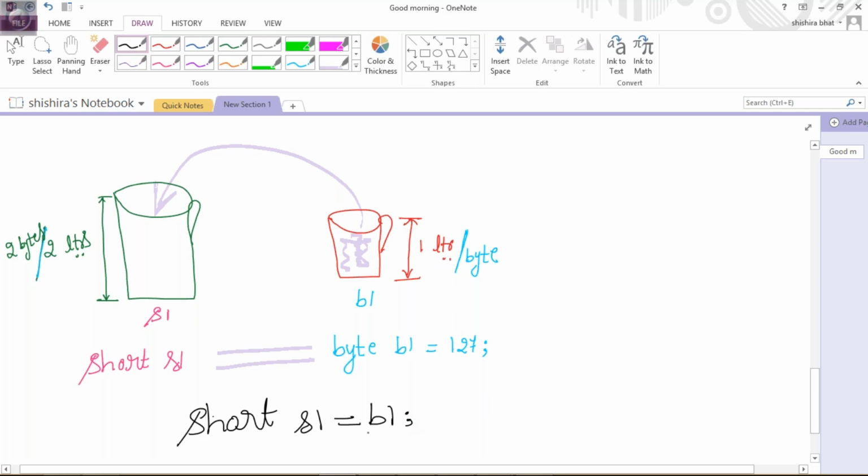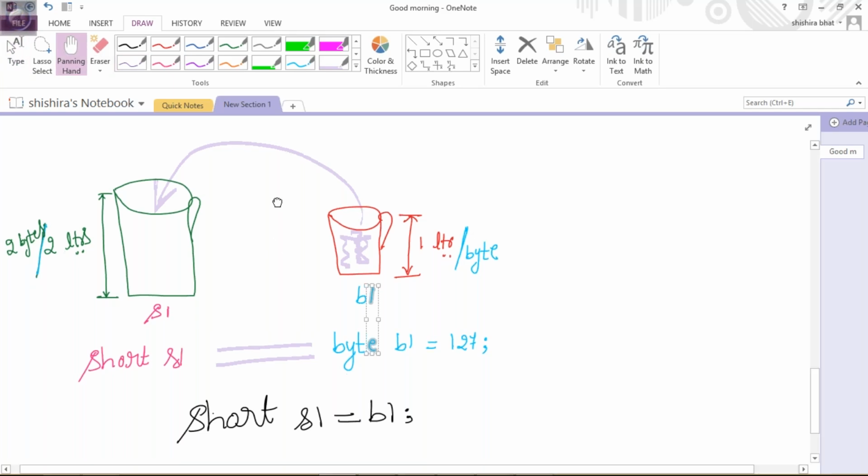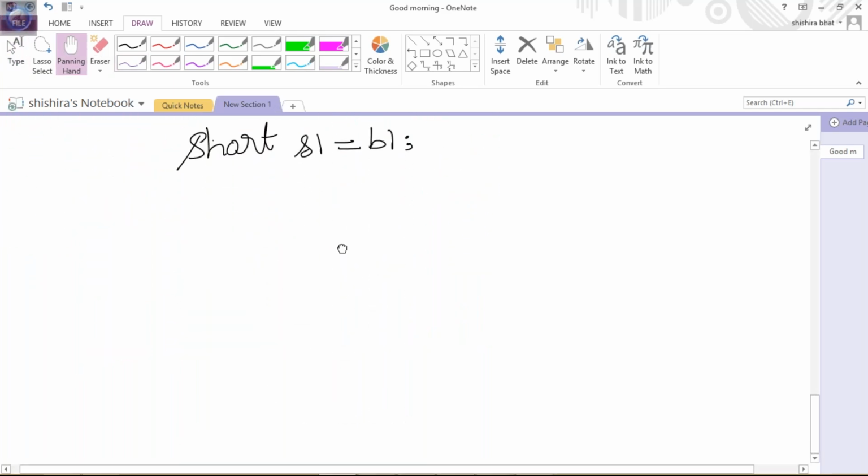Now observe, this is called typecasting. Why typecasting? You are converting from one data type to another. The data type of B1 is byte, right?